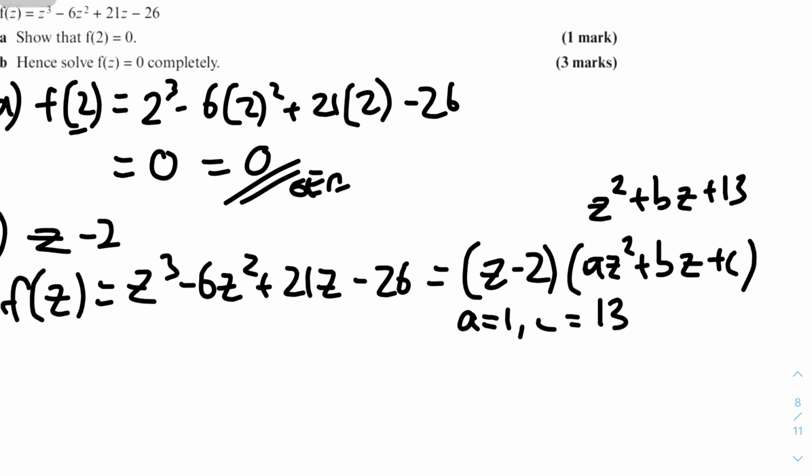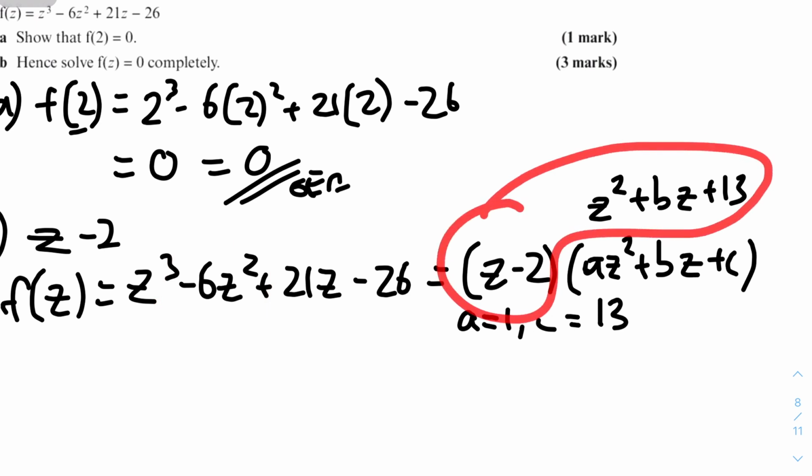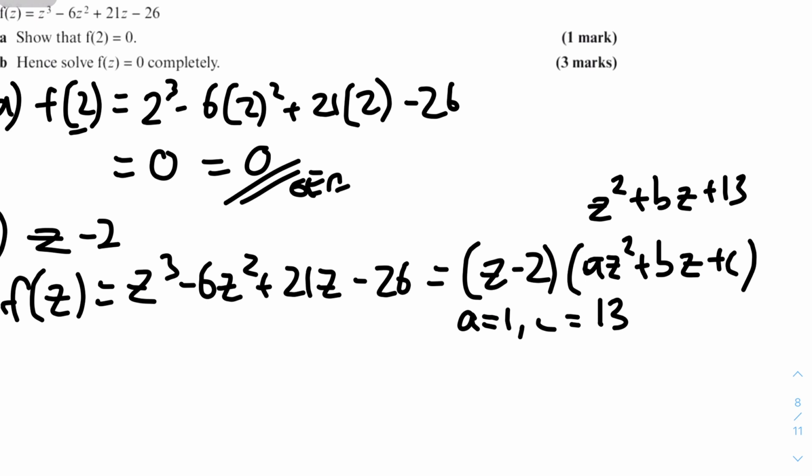And now for b, we can just focus on one term, and I'll choose to focus on the z squared term, so it will be minus 6z squared. We're going to make z squared out from the right hand side, considering all possible options. The first option is minus 2 times z squared, so let me write it out here.